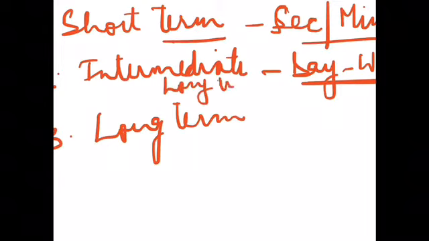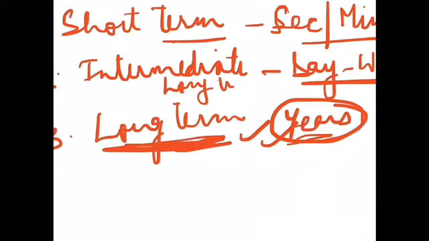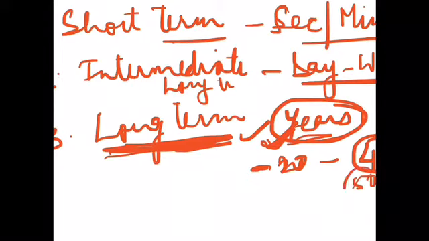And the long term memory can be recalled either throughout the lifetime or up to certain years. A few of the memories of your childhood you still remember, right? Certain incidents that happened in your childhood you may retain up to the age of 40 or 50, but not 100% of the events.